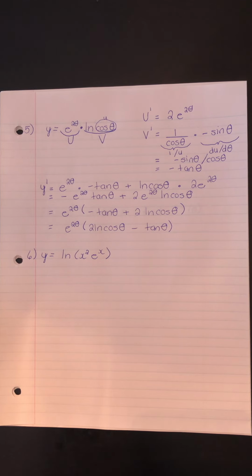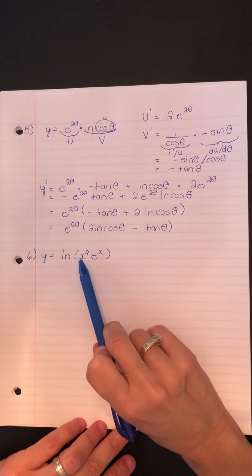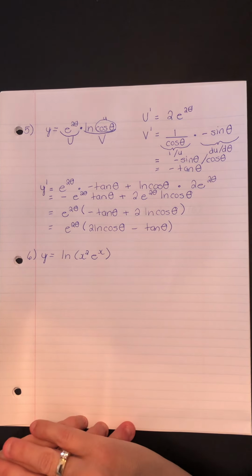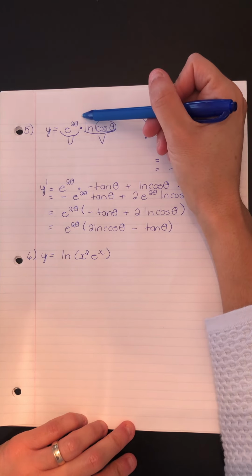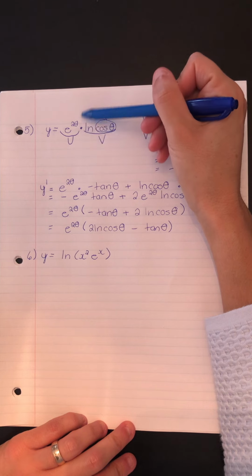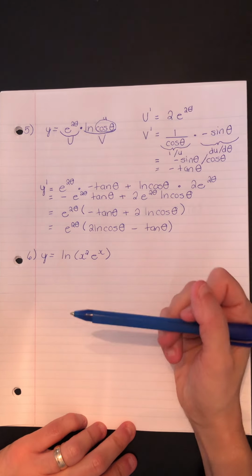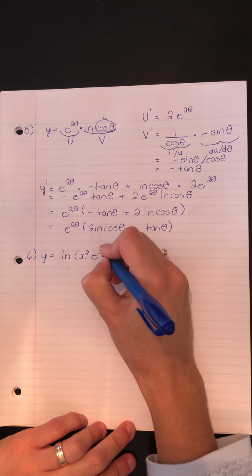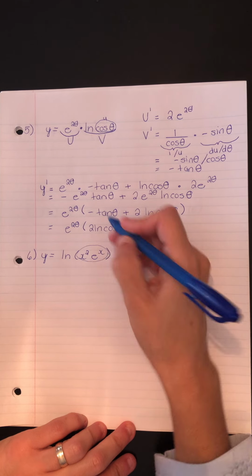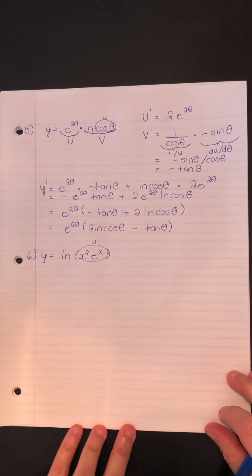Now let's contrast that with number 6. We have the ln of x squared e to the x. So while this problem overall, right here, was considered a product, this one overall is just considered a logarithm, because all of this is now the little u for ln u.